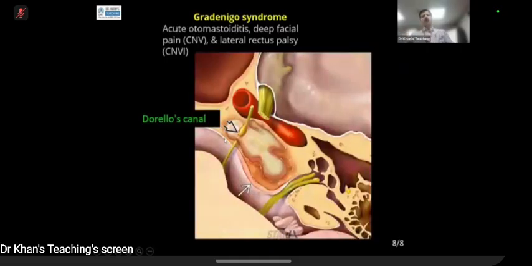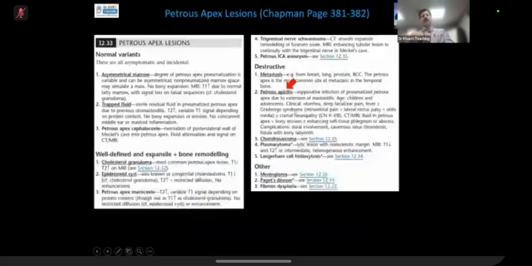You dealt with it very well. This is the anatomy, and you can see this is Dorello's canal, the 6th nerve. So the 6th nerve can be involved, and the other nerves which go into the cavernous sinus can be involved, so the definitions can be variable.